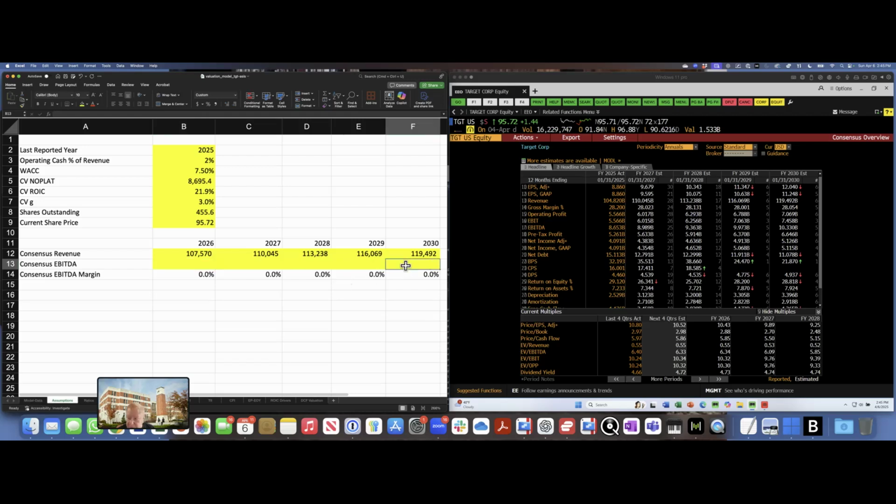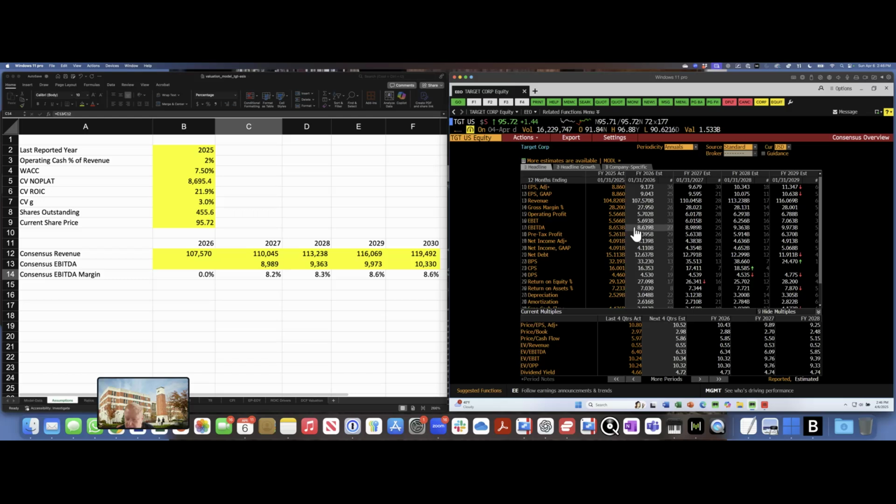Start with 2030, work backwards. 2030 EBITDA is 10,330. 2029 EBITDA is 9973. 2028 EBITDA is 9363. 2027 EBITDA is 8989. I got to go back over a column to get to 2026. EBITDA is 8639.